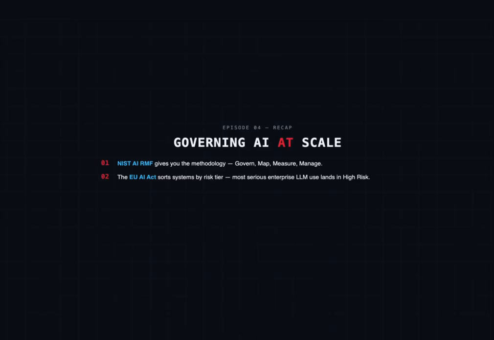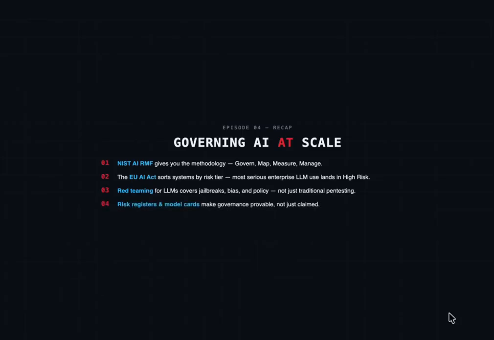Third, red teaming for LLMs covers jailbreaks, bias, and policy violations, not just traditional pen testing. Fourth, the risk register and model cards are what make governance provable, not just claimed. Fifth, shadow AI is the gap almost nobody has closed. Close it with a real acceptable use policy and clear accountability. That's how this gets managed at scale.